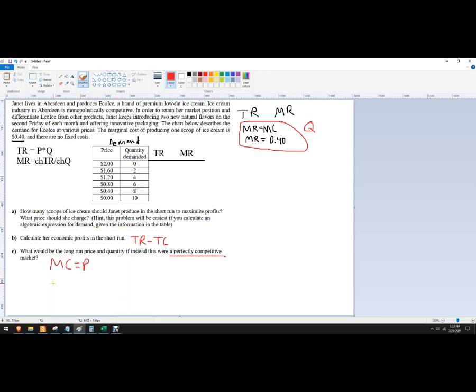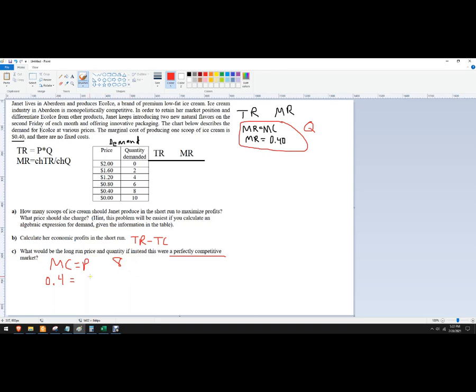So in this case, the price would have to be 40 cents a scoop, because the marginal cost is 40 cents and firms will produce up until the price equals marginal cost. Then for the quantity, we can just read the table. Quantity there is 8.